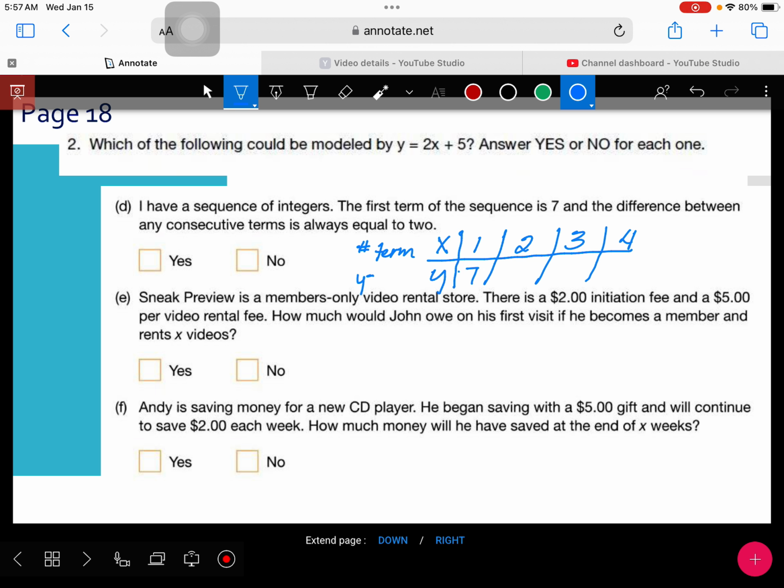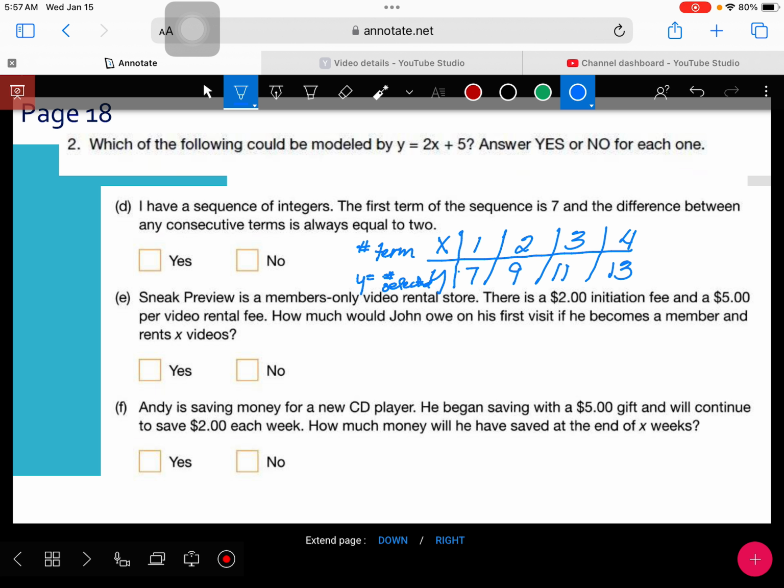So the y is the number selected. The first term is 7, and the difference between any consecutive terms is always equal to 2. So that would mean that the next term would be 2 higher, and the next term would be 2 higher than that.